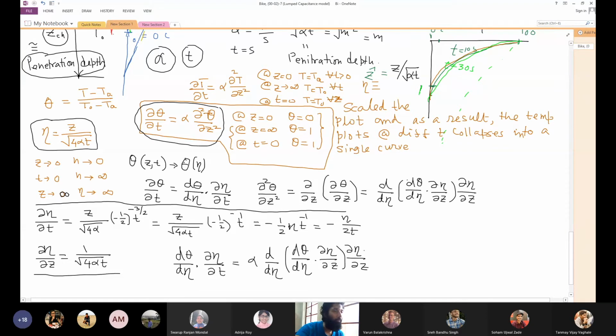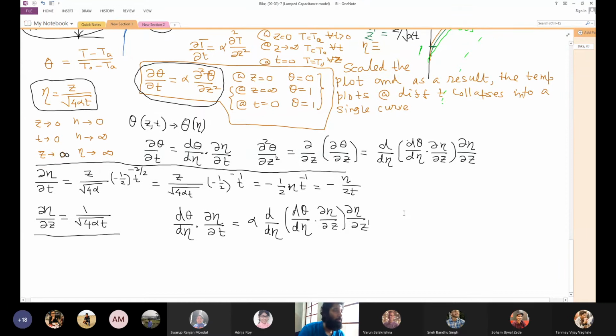Just substitution. Now I substitute these derivatives. Del eta del t equals negative eta over twice t, d theta d eta, equals alpha times d by d eta of d theta d eta.